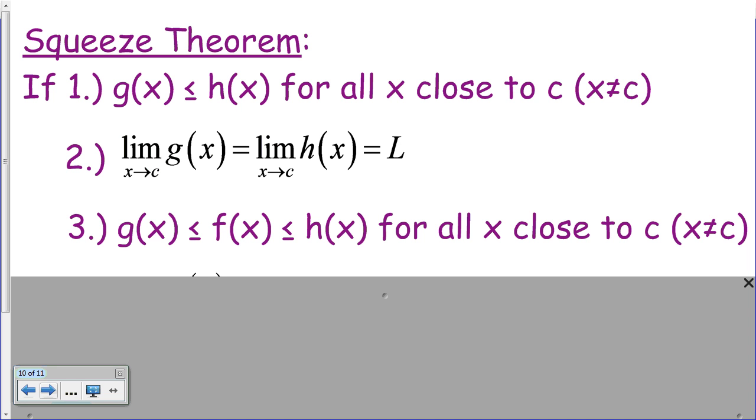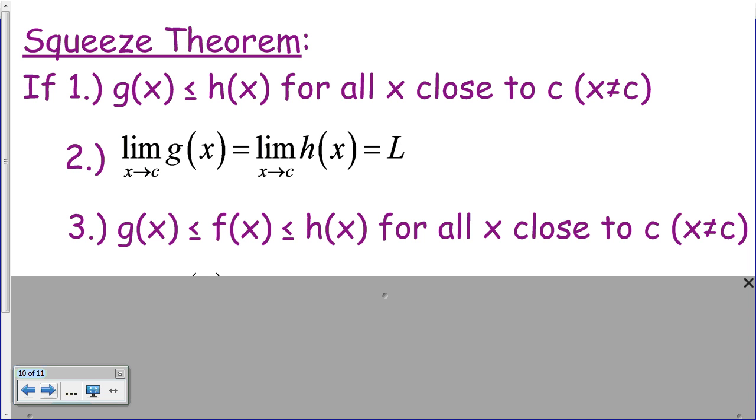The second condition is that you have to be able to show that the limit as x goes to c of g of x is equal to the limit as x goes to c of h of x, which we'll call L here just for ease of writing later on. So you have to show that the 2 limits are the same as x goes to c.